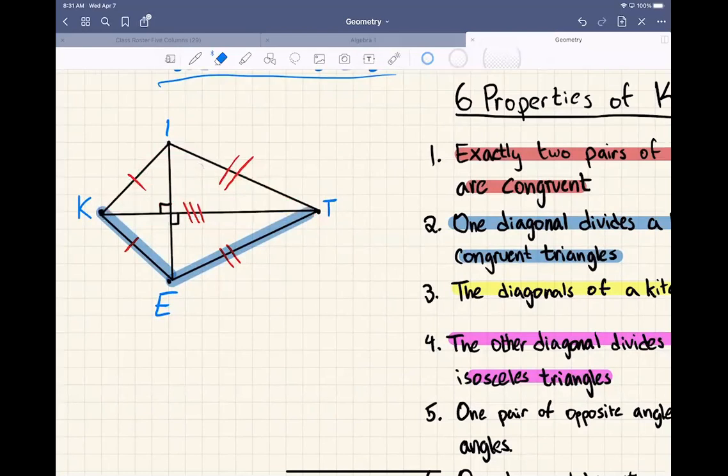So the first diagonal we spoke of was this one, and that creates 2 congruent triangles. The second diagonal, the vertical one, creates 2 isosceles triangles. If you're wondering what an isosceles triangle is, that's just a triangle in which 2 sides are congruent. So you see how 2 sides are congruent? And that bottom side is the base.